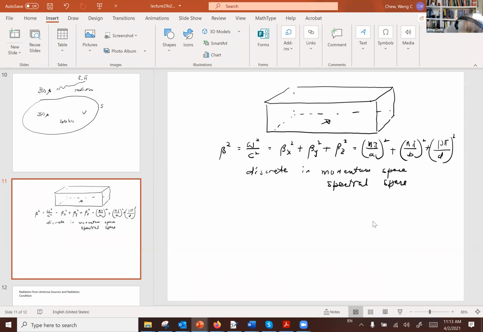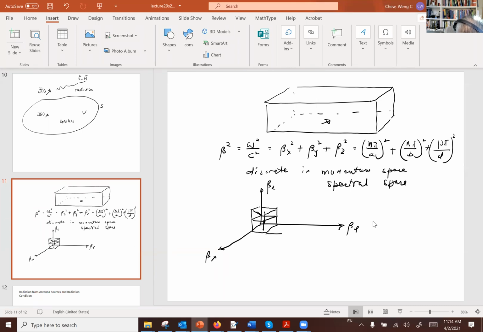Okay, so if you were to draw this thing, beta x, beta y, beta z, then the resonance solutions are occupying discrete points in the Fourier space. If I were to draw them, not very good at drawing them, but you know what I mean.